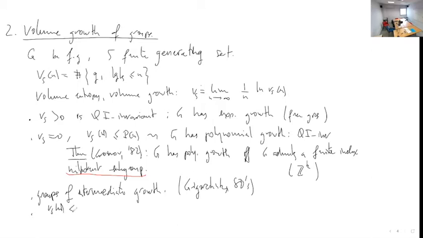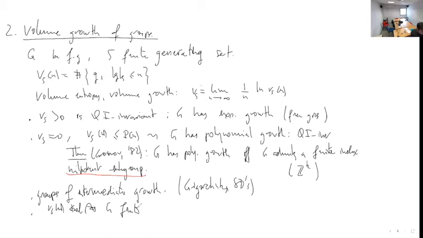So we have, in some sense, four classes of groups. If the sequence of sizes of balls is bounded, then it means that the group is finite. After that, it grows at least linearly, so polynomially, and we get groups of polynomial growth. And then it can be faster than any polynomial, but not exponential.